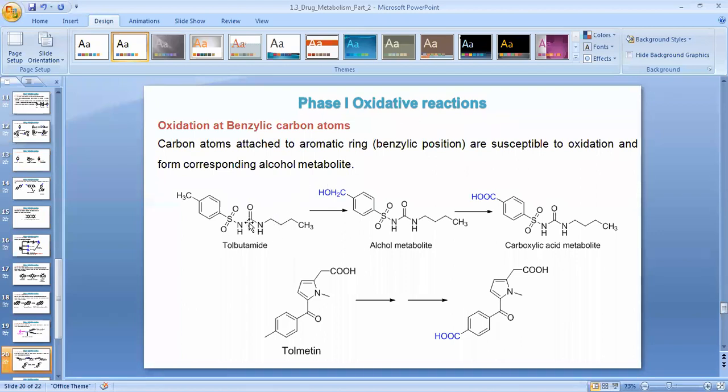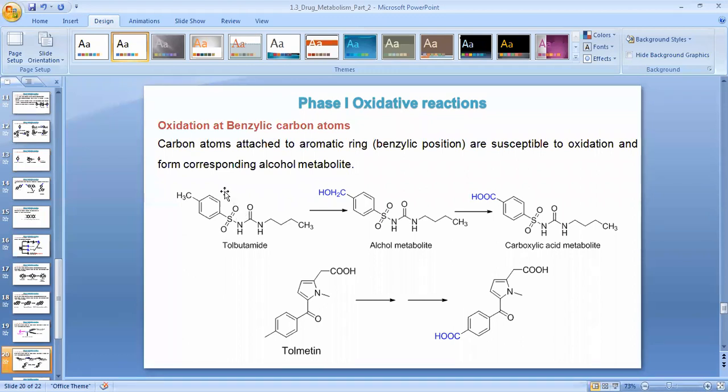The example of such a drug molecule is tolbutamide, which is used as an anti-diabetic agent for the treatment of diabetes. That is, how the excess amount of tolbutamide is thrown out of the body after its treatment with the help of metabolic reaction.